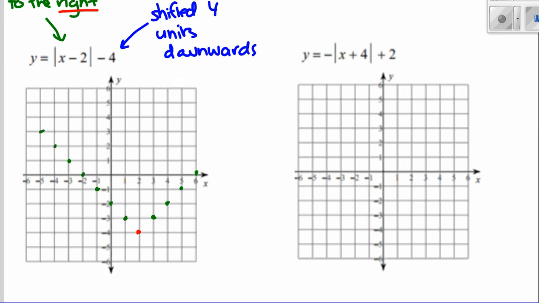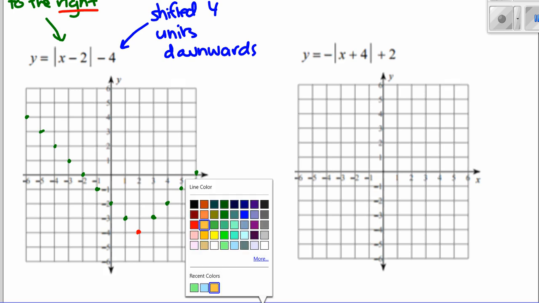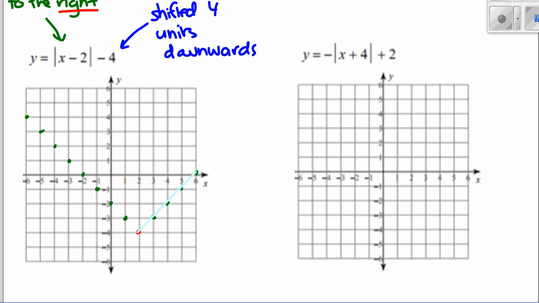Let's draw in our lines. Draw the arrows if you want. So everything's shifted 4 units down and 2 units to the right.